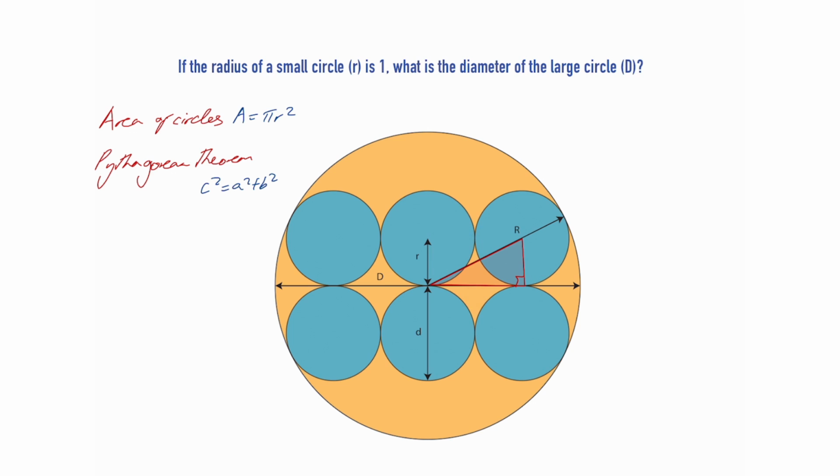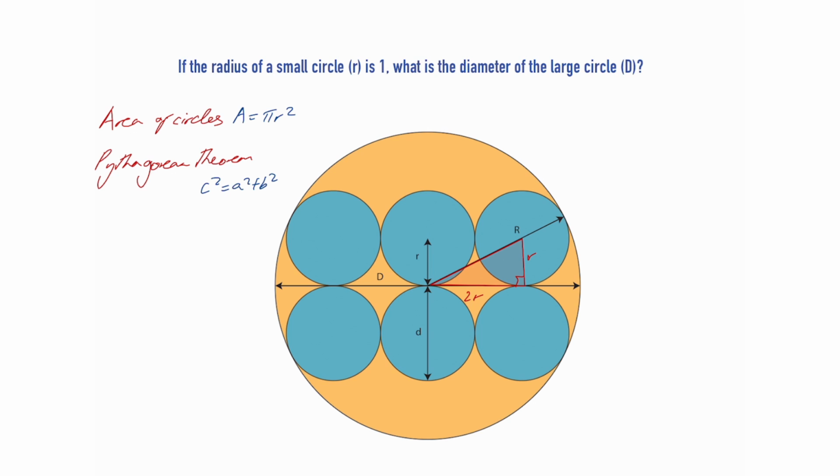So the base is simply 2r, right? I have r and r, the radius of my small blue circles, and the height is also just going to be r. And so I have my base and height in terms of the dimensions of my small circles.